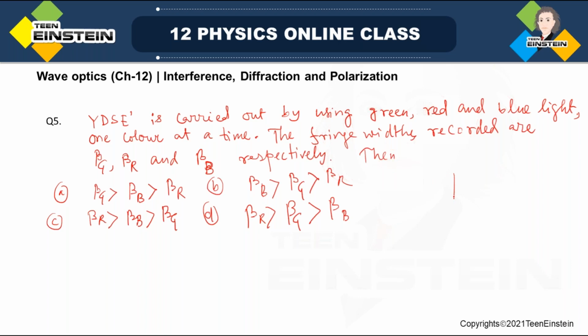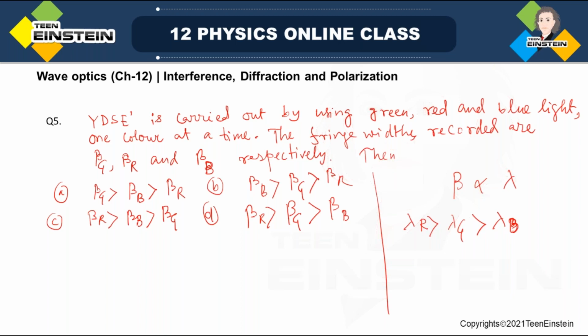We know beta is directly proportional to lambda, right? And we know lambda R is greater than lambda green, and lambda green is greater than lambda B. Blue light has the smallest wavelength among these 3 colors.